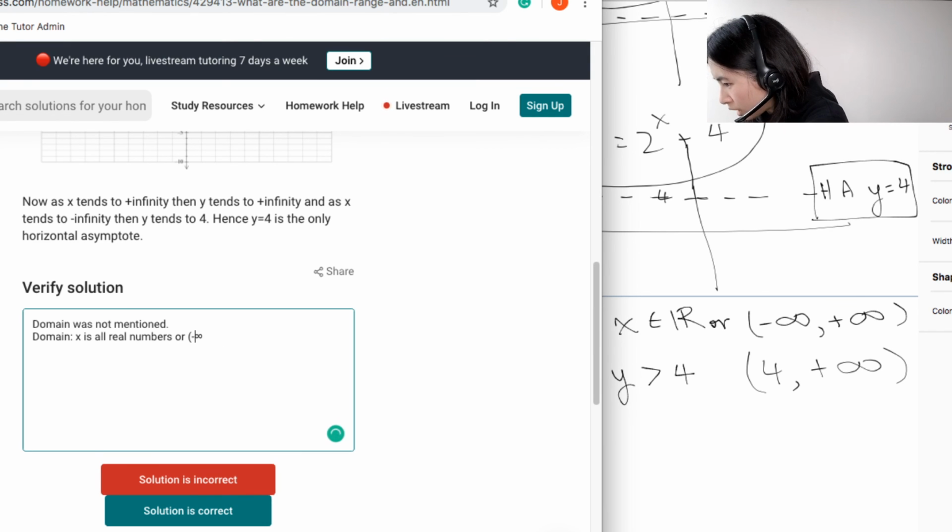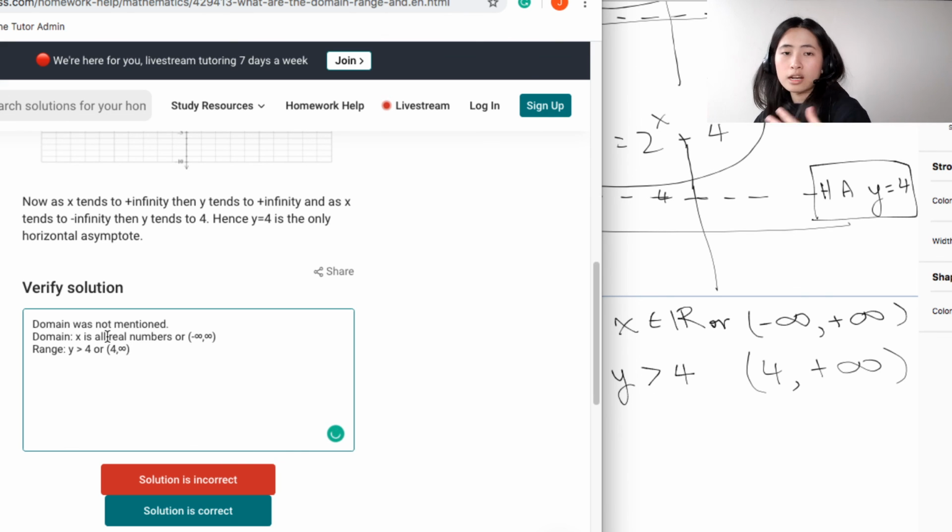Okay, there we go. So negative infinity, comma, positive infinity. So that's there. And then your range, I wanted to say y is greater than 4, or you have 4, comma, and just make sure, because y is not including 4, you need to have a round bracket over here. Because there is a difference between having a round bracket and a square bracket. So just keep that in mind, and the horizontal asymptote is correct.